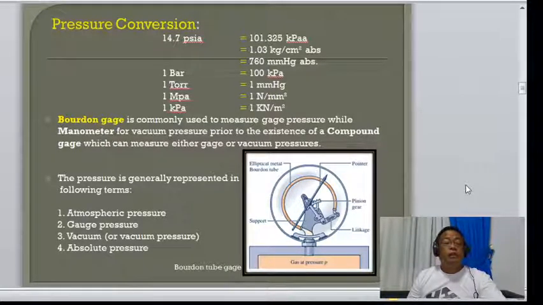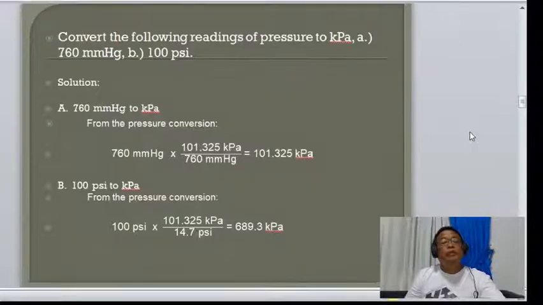This atmospheric pressure, of course, is the measure of the column of gases from the atmosphere. Another, we have the so-called gauge pressure, vacuum pressure, and absolute pressure.